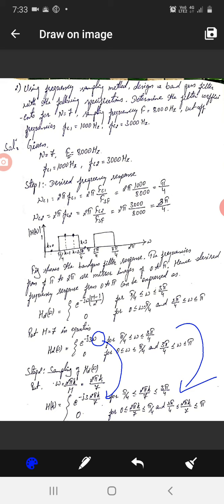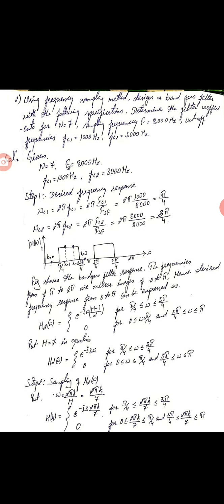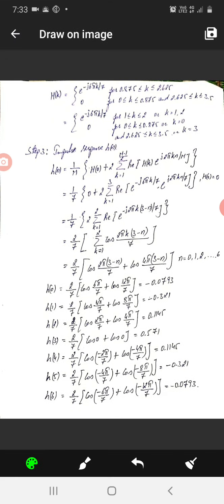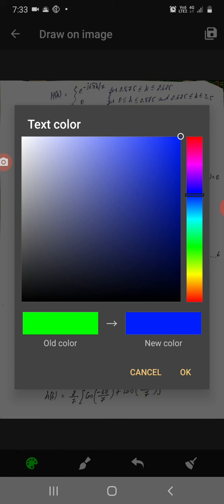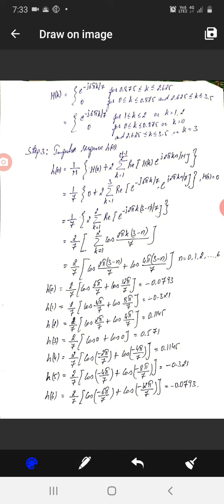Here also in the limit we have to change omega to 2 pi k divided by 7 for both the values. Next we have to solve for the limit. Instead of going for the fractional part, we have to take the integer values here.